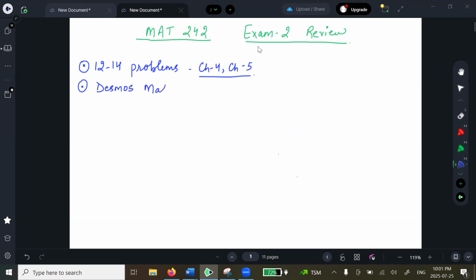Desmos matrix is allowed. It's recommended that you practice using this calculator, so you're well settled with it during the exam.